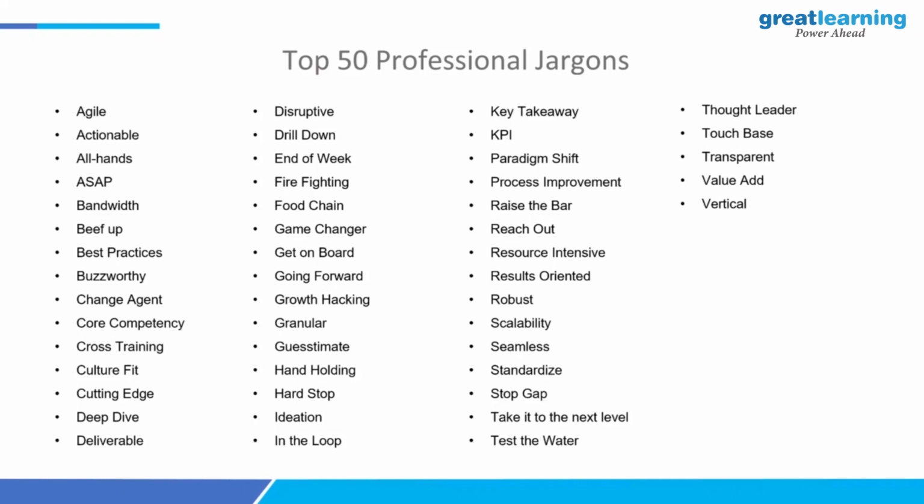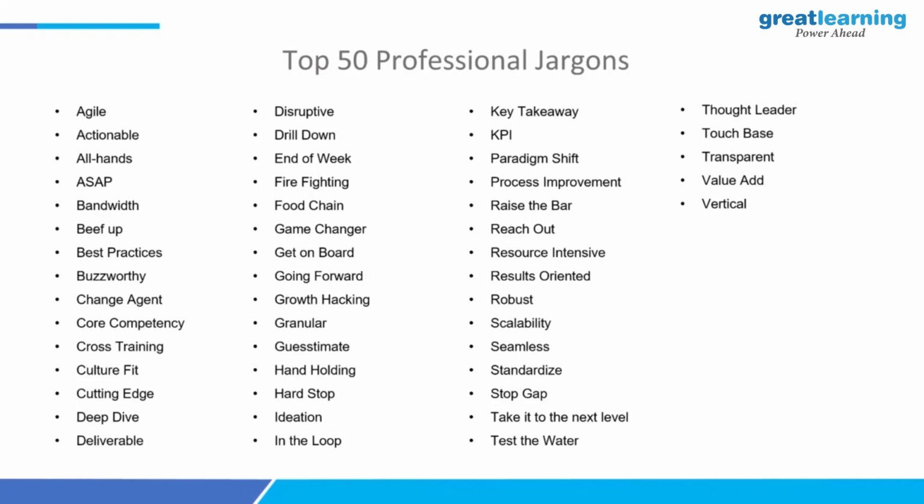Robust. Robust is a characteristic describing a model's, test's, or system's ability to perform effectively while its variables or assumptions are altered. Scalability. Scalability describes a company's ability to grow without being hampered by its structure or available resources when faced with increased production. Seamless.